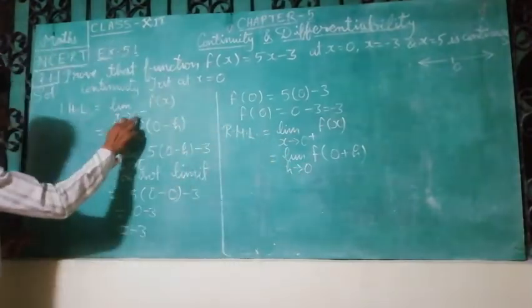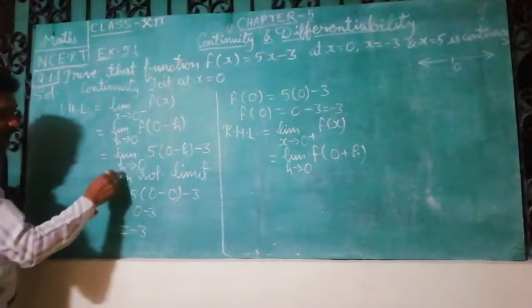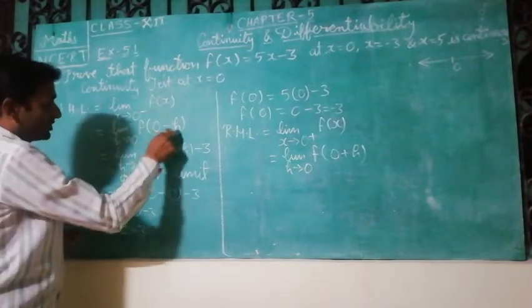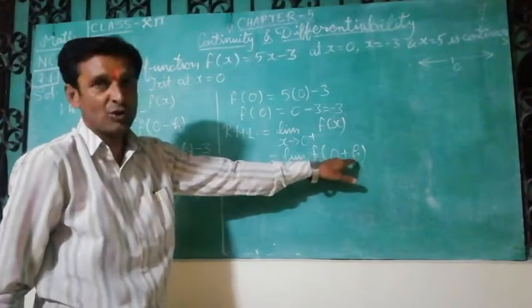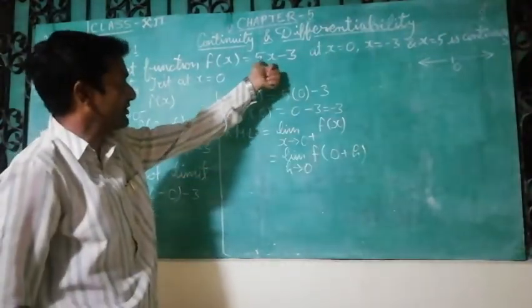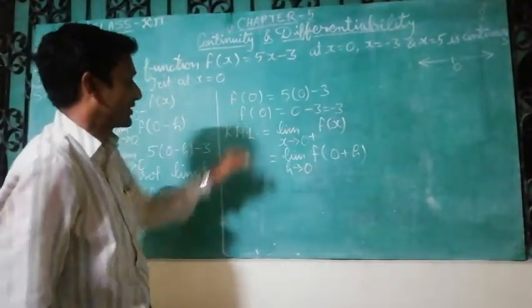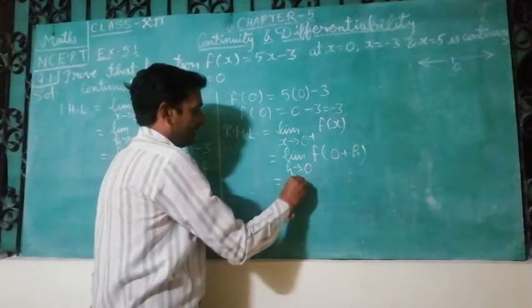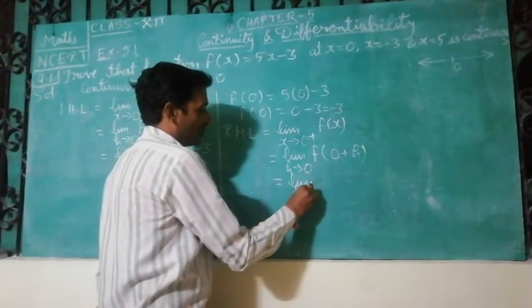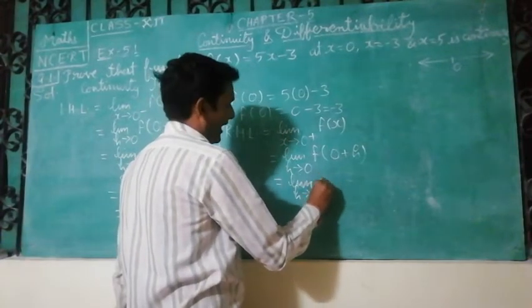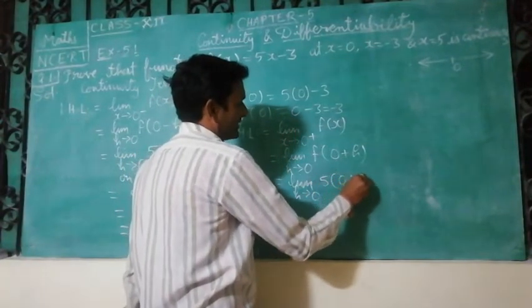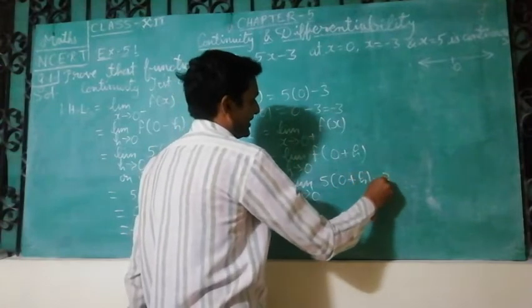Earlier we wrote 0 minus h, but here it is 0 plus h. So we put 0 plus h in place of x in this function. So it becomes the limit as h tends to 0 of 5 into (0 plus h) minus 3.